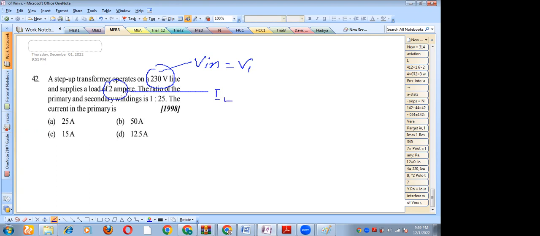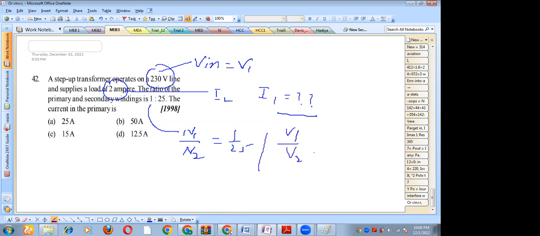The ratio of the primary and secondary windings is given, so N1 by N2 is 1 by 25. Then the current in the primary, we have to calculate I1. So again, we have to apply the same formula, V1 by V2 is equal to N1 by N2. What is V1?